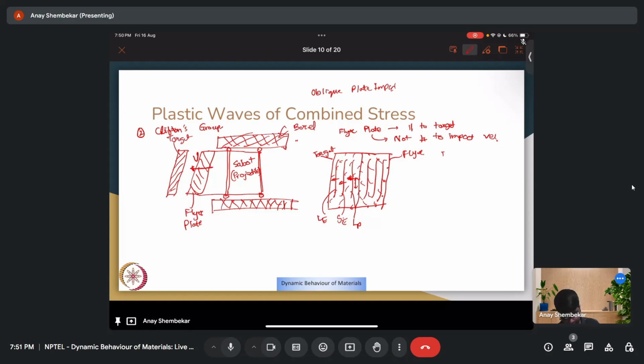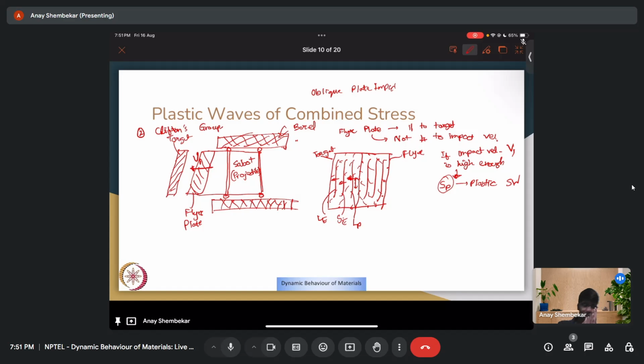And if impact velocity V1 is high enough, you could also have a plastic shear wave. So again, I think this setup is quite easy to understand.